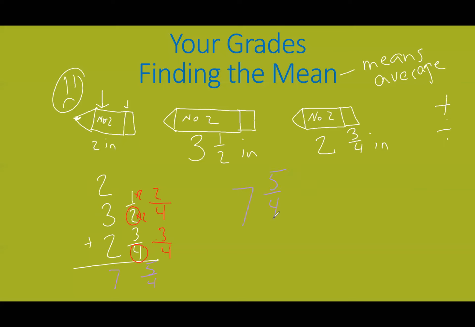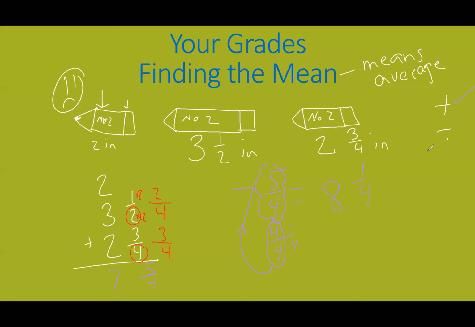Now you guys know that 7 5/4 is really 8 1/4, don't you? And you know that because right here, you can see hidden inside 5/4 is a 4/4, which equals 1. And when you take that 1 away, you have 1/4 left over. And what do we do with this 1? We bring it over here. So that's why we have 8 1/4.